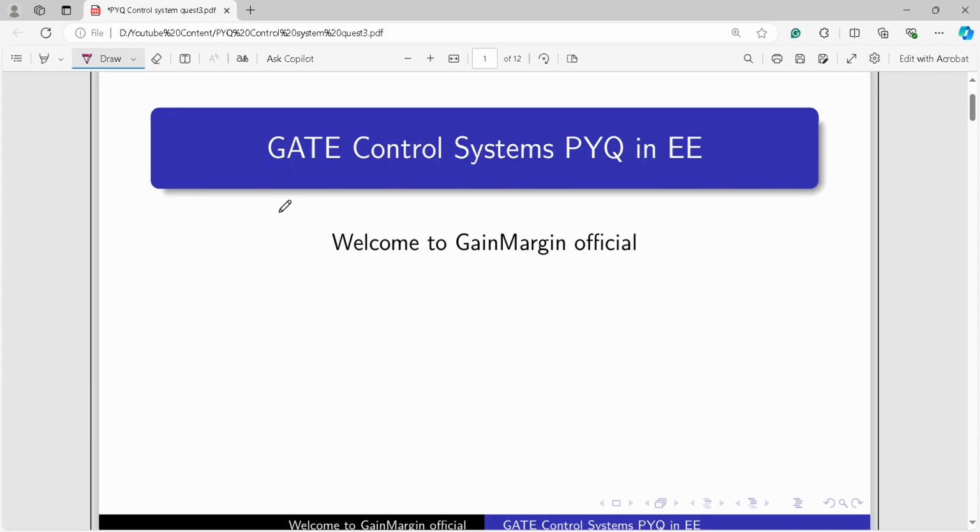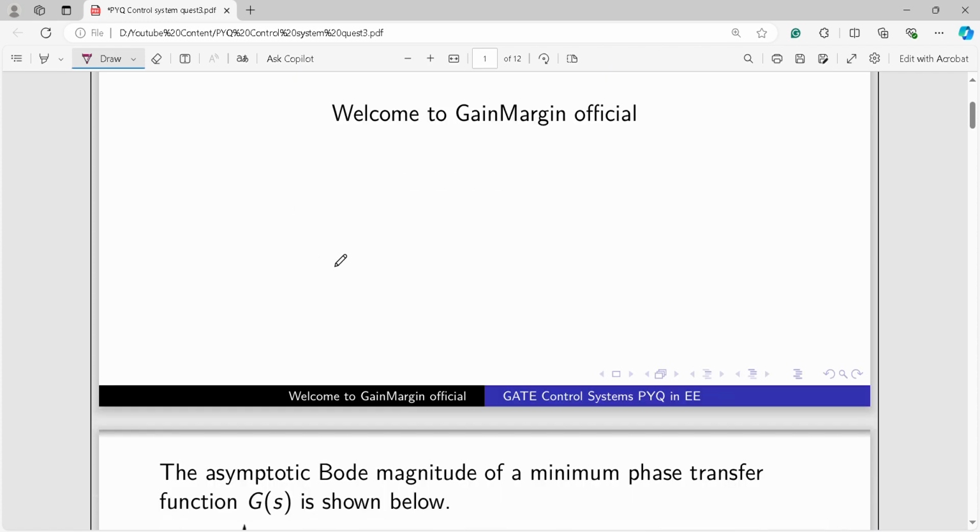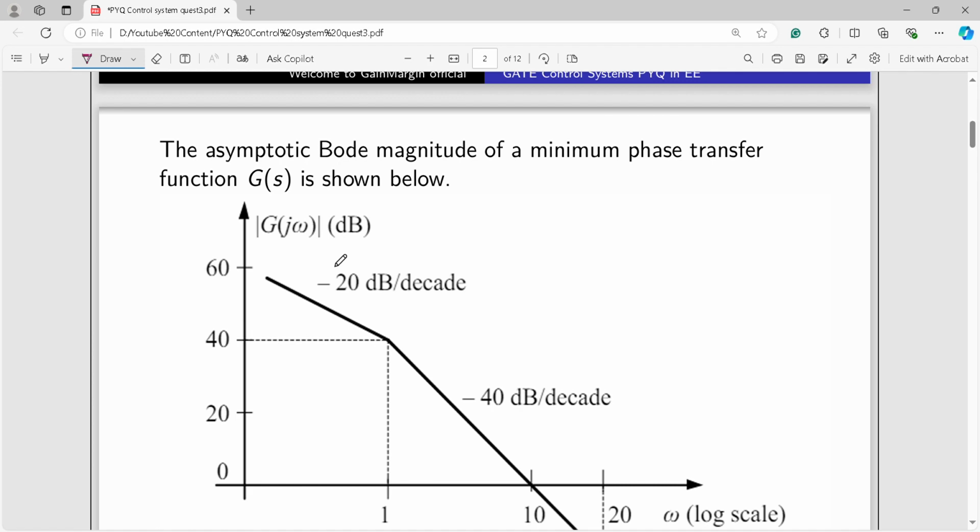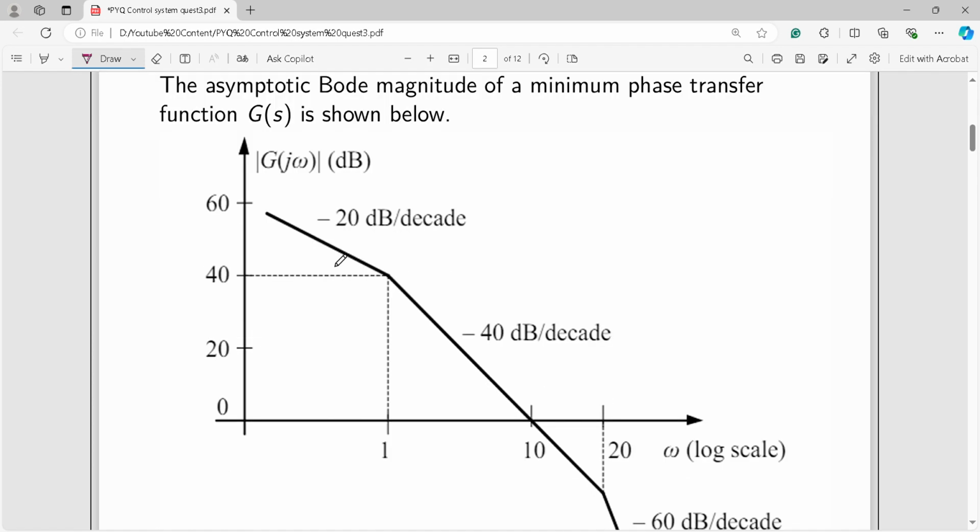So here we have come up with the new questions asked in this GATE exam. This question is related to frequency response, and they have given a Bode plot, and they have only given the magnitude plot.